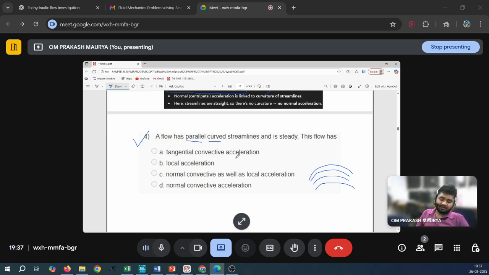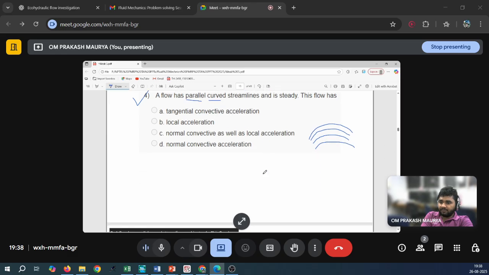So what does parallel mean in terms of your mass flow? If you want to apply the concept of continuity here, then what should be the concept behind parallel, the parallel curved streamline? The explanation I have also given. Let me just discuss.